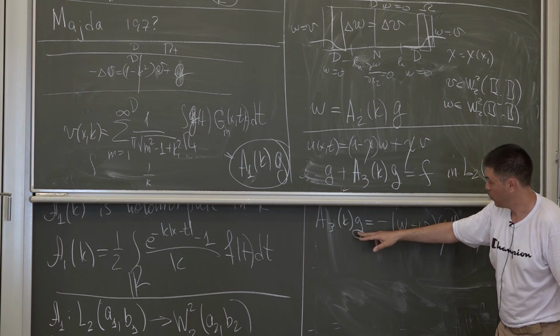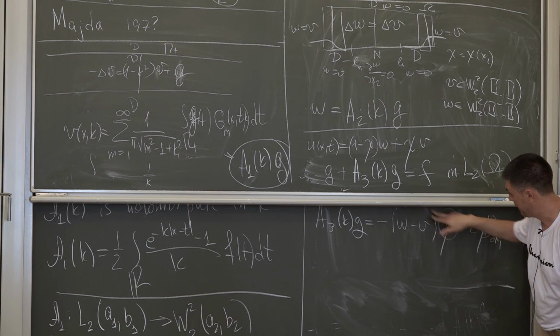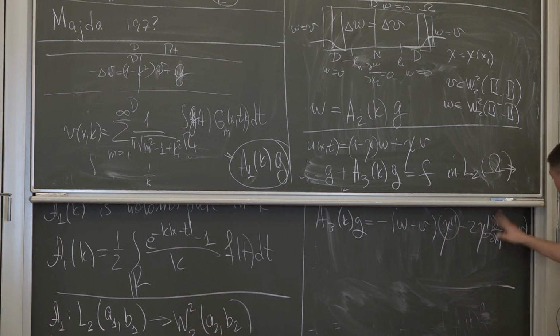It means that when we map J into this expression, this is an element of W22, this is an element of W21, since I get one derivative. And due to the compact embedding of W1 into L2, the operator A3 becomes compact as an operator in L2.